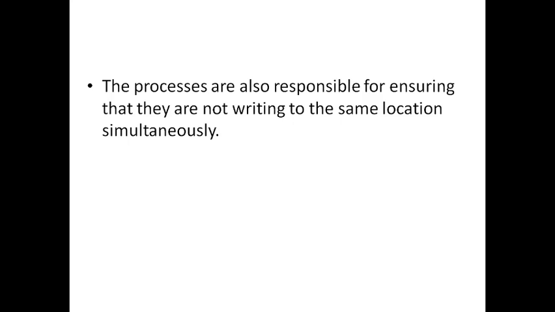For example, process A and process B are sharing a memory and they have created a shared memory. And now if the communication happens in such a way that only A writes into the memory and B only reads the memory, then there is no conflict going to occur. So that is going to be normal.